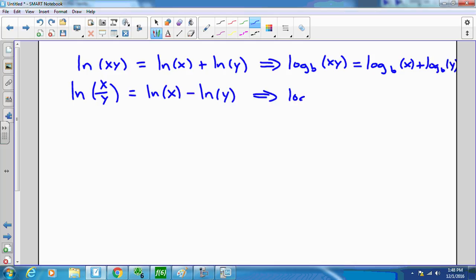Natural log of x over y is natural log x minus natural log y.